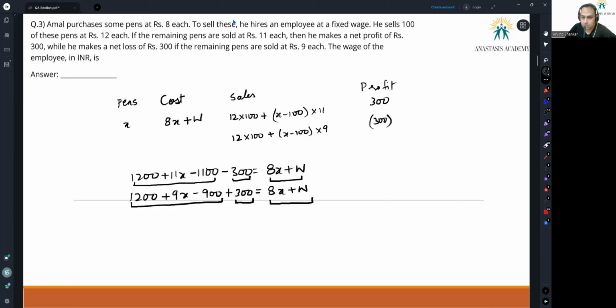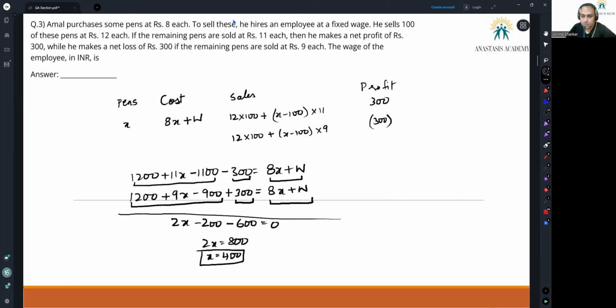8x plus w is common in both these cases. So we simply have to equate the LHS. First equation minus second equation. I get 2x minus 200 minus 600 is equal to 0, or 2x is equal to 800, or x is equal to 400.